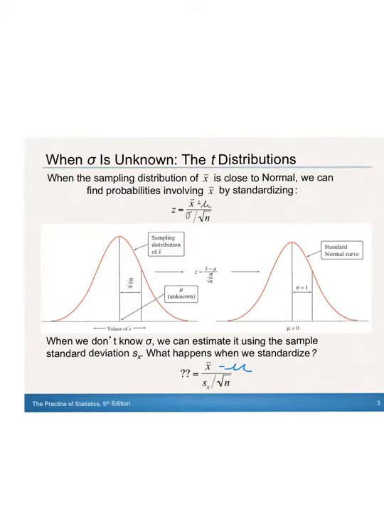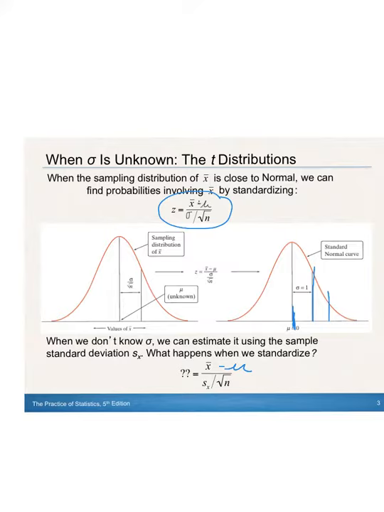So when we're calculating a z-score, we're standardizing, we're getting a standard score. And what that z tells us is it takes the actual values and puts them into their relationship to the normal curve. So on a standard curve, 0 is where the mean is, and then 1 is 1 standard deviation away, and 2 is 2 standard deviations away, etc. And we have a lot of knowledge around that.